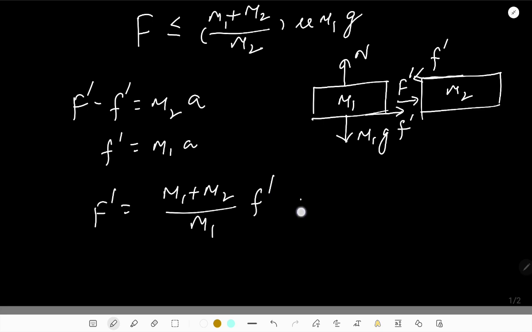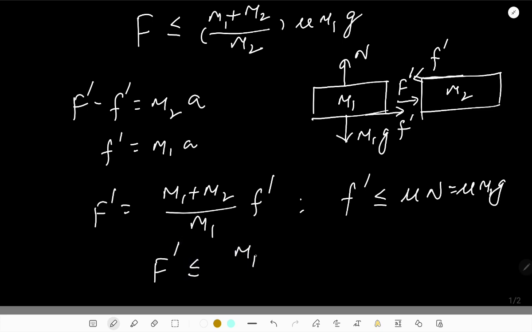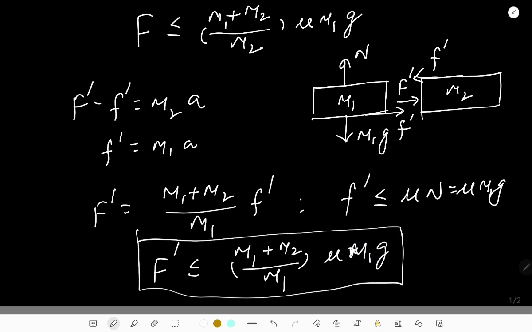Since in this case both are moving together, f dash here is the static friction, and f dash should be less than or equal to mu N, and the value of N is again m1g, so mu N becomes simply mu m1g. That brings us to the conclusion that F dash must be less than or equal to m1 plus m2 divided by m1 multiplied by mu m1g, and that is our answer for the second case.